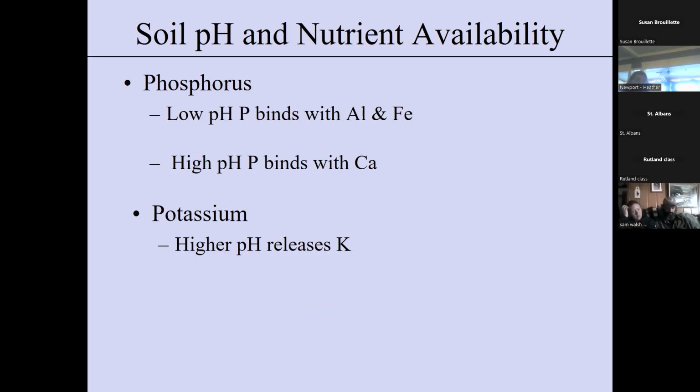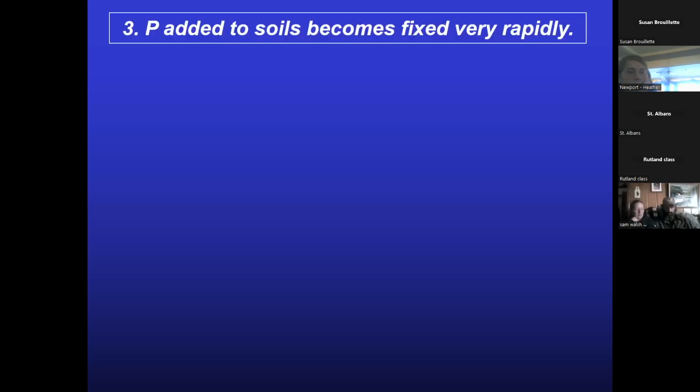Low pH ties up phosphorus to aluminum and iron, and when you lime, it'll release the phosphorus. Same thing on the other side. Too much calcium can bind up phosphorus as well. And with potassium, if you increase the pH, you'll release potassium as well. It gets complicated how it all happens, but it does.